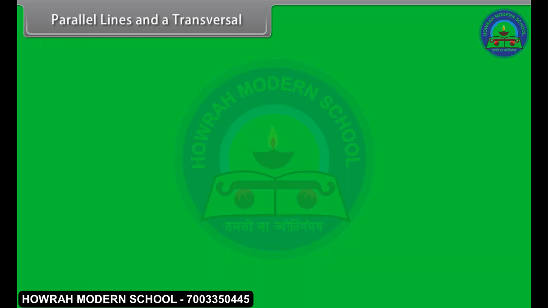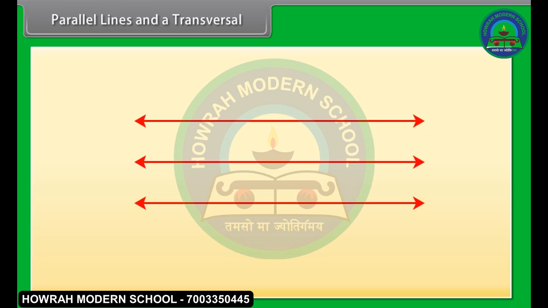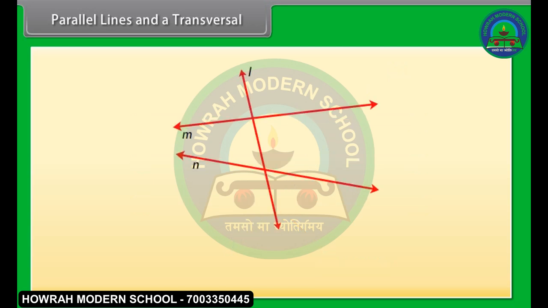Parallel lines and a transversal. Friends, we have studied that a line which intersects two or more lines at distinct points is called a transversal. Look at this figure. Here, line L intersects lines M and N at points P and Q respectively.